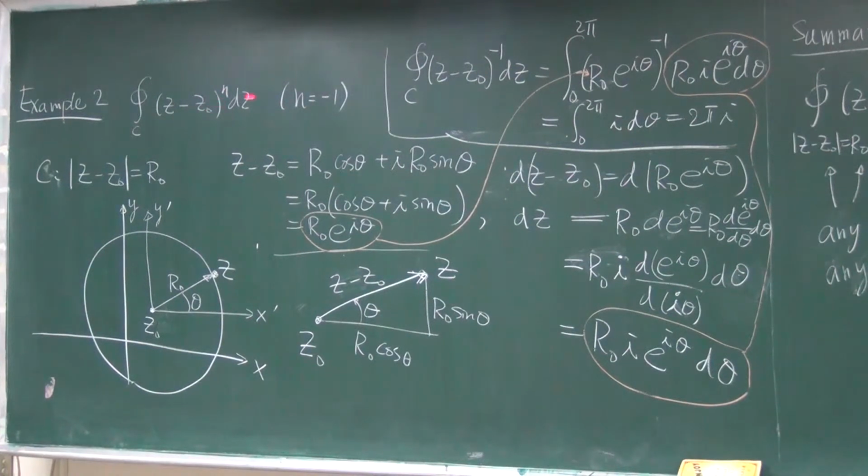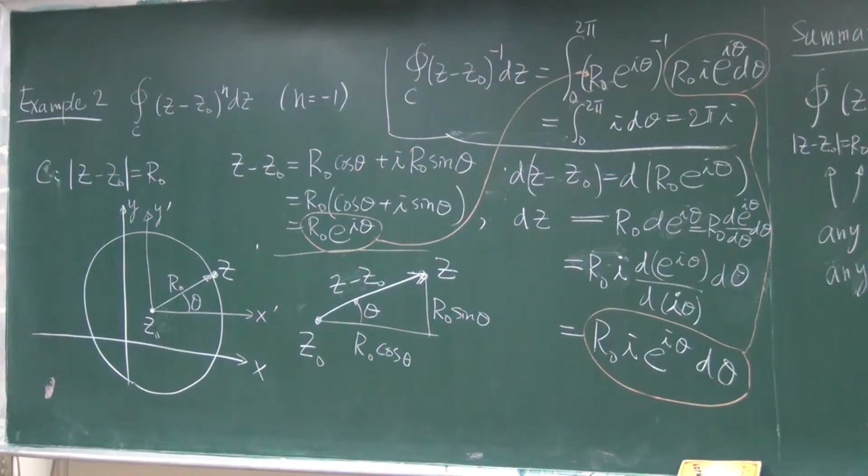Now I want to prove that when n equals minus 1, this integration will not be 0. Actually, later we will see that the integration of this function will be equal to 2 pi I. Here we replace n by minus 1.